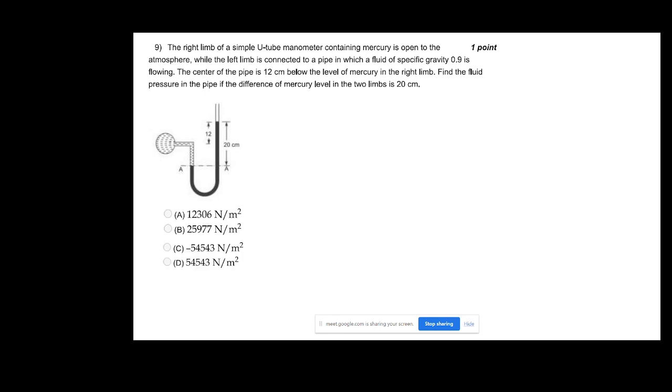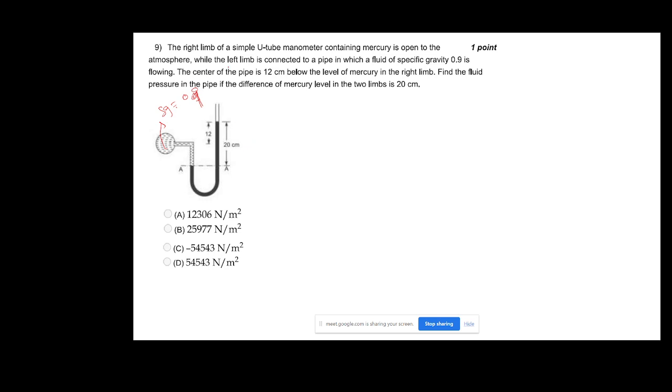Next question is, the right limb of a simple U-tube manometer containing mercury is open to the atmosphere, while the left limb is connected to the pipe in which the fluid is of specific gravity 0.9. So here the fluid is having specific gravity equals to 0.9.